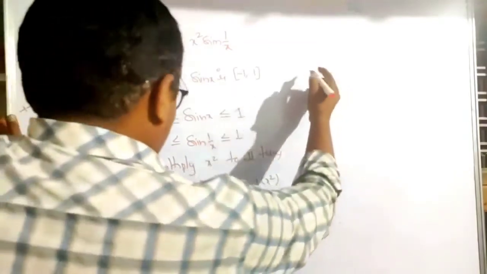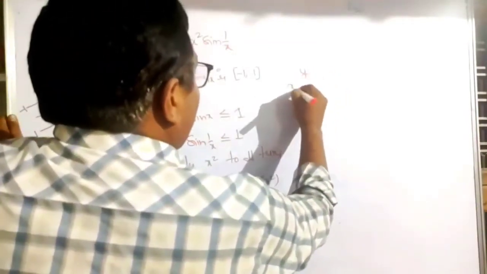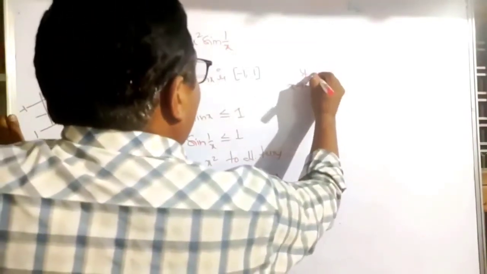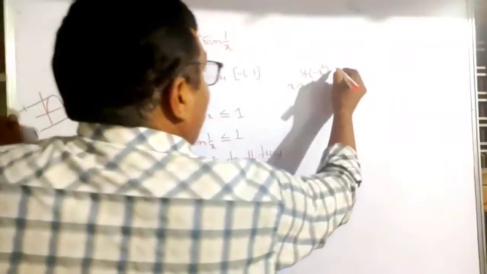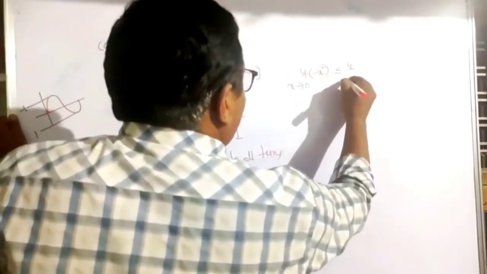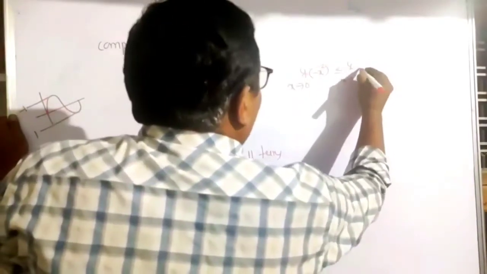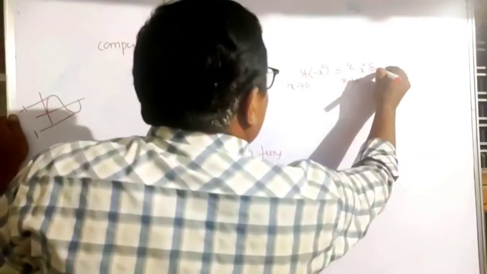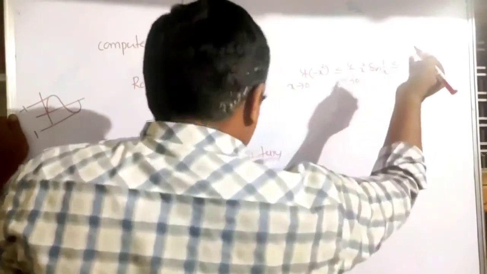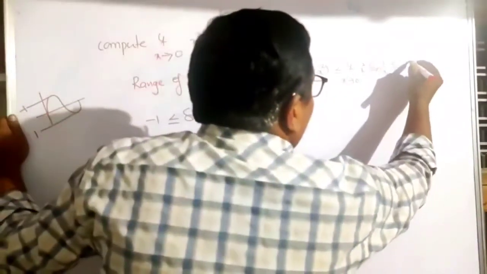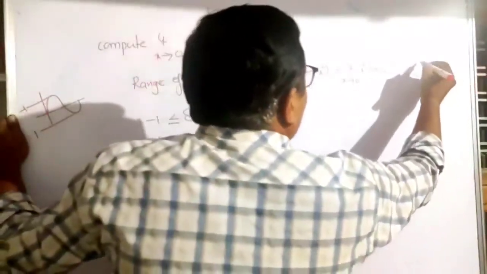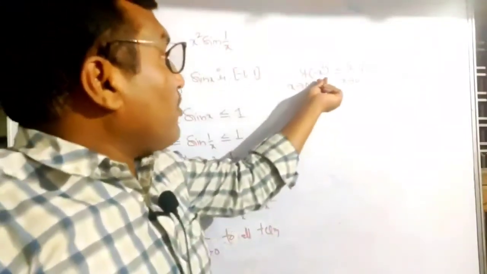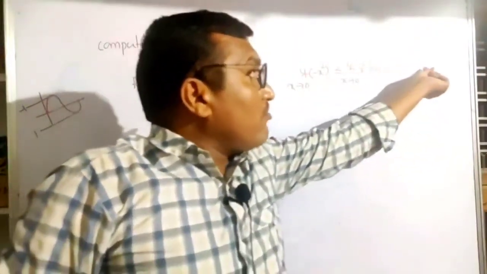It becomes the limit as x approaches 0 of minus x square, less than or equal to the limit as x approaches 0 of x square sine 1 by x, less than or equal to the limit as x approaches 0 of x square. So observe here, x square is a polynomial.